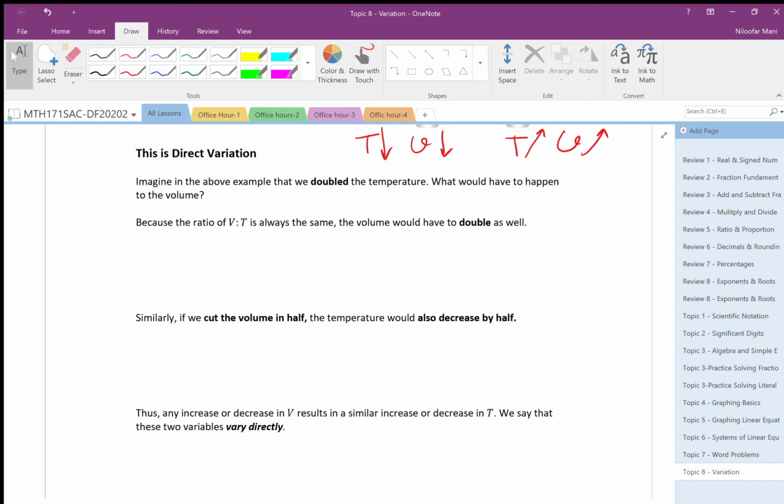So I think about it, and yes, it has to. But how do I really show this? I have V equal KT, right?